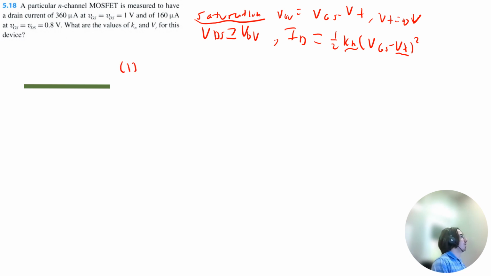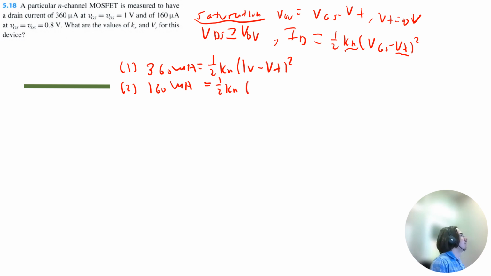Equation 1 will be our drain current of 360 microamps equal to 1/2 Kn times VGS of 1 volt minus Vt squared. Equation 2 will be 160 microamps equal to 1/2 Kn times 0.8 volts minus Vt squared. So now I just need to solve the system of equations.